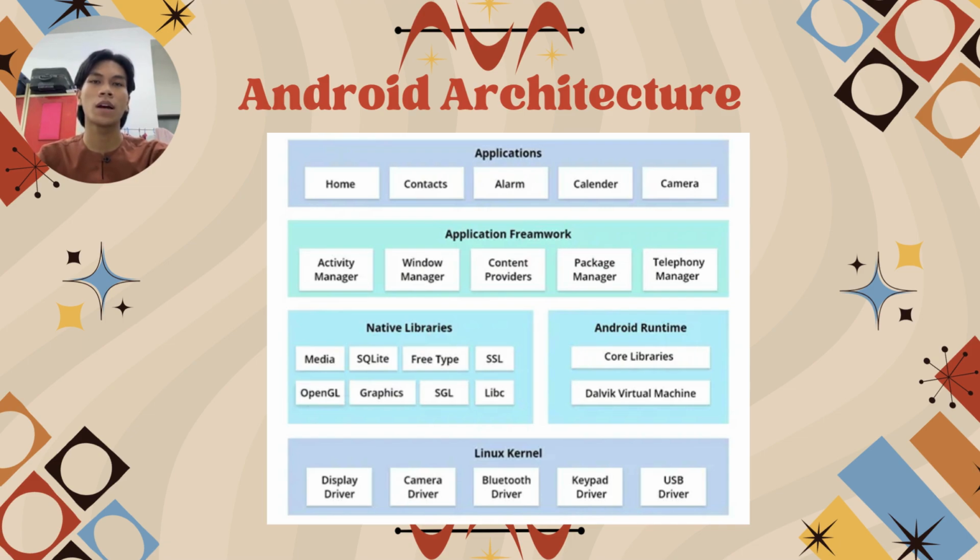Above the Linux kernel are the native libraries and Android runtime layer. The native libraries provide essential system services including graphic rendering, media playback, database management using SQLite and security functions such as SSL.